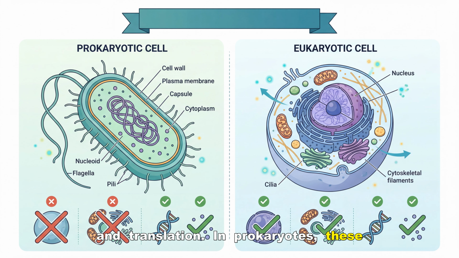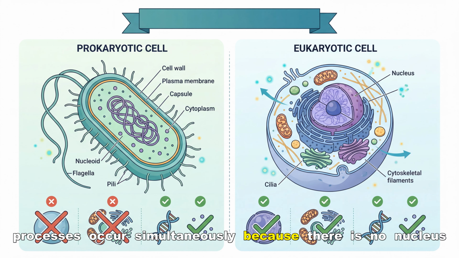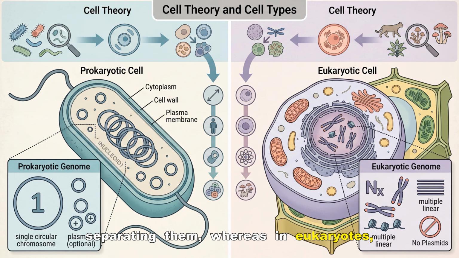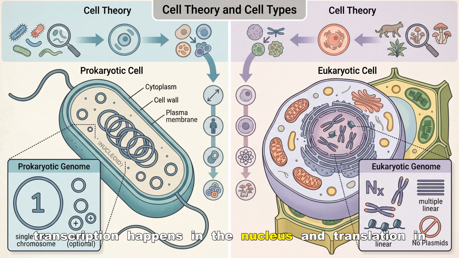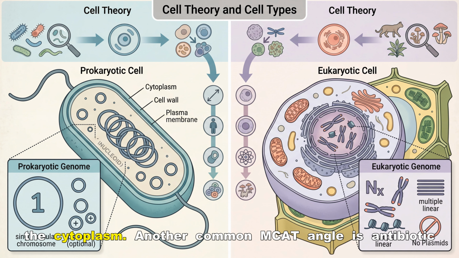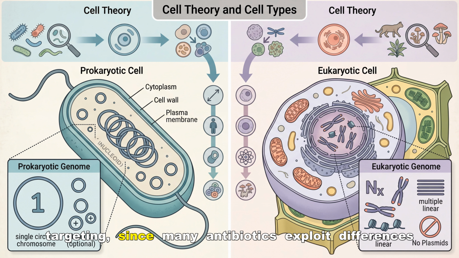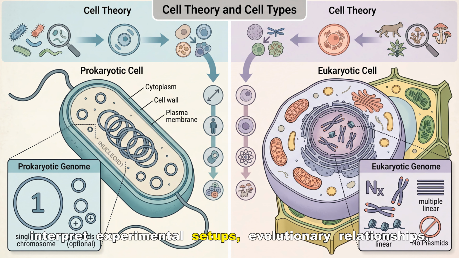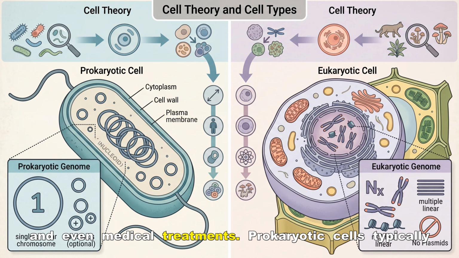In prokaryotes, these processes occur simultaneously because there is no nucleus separating them, whereas in eukaryotes, transcription happens in the nucleus and translation in the cytoplasm. Another common MCAT angle is antibiotic targeting, since many antibiotics exploit differences between prokaryotic and eukaryotic cells, such as ribosome size. Understanding these differences helps you interpret experimental setups, evolutionary relationships, and even medical treatments.